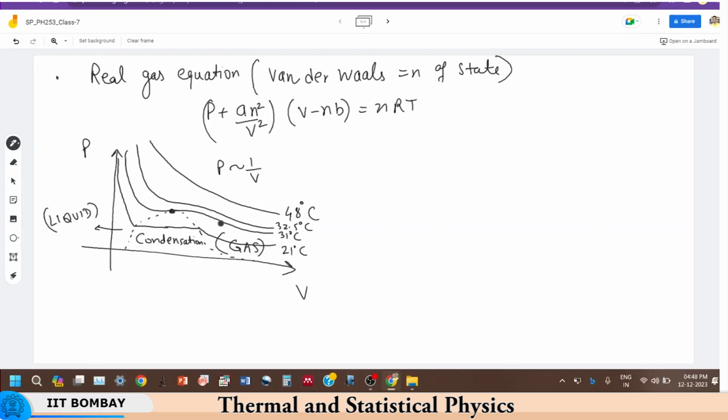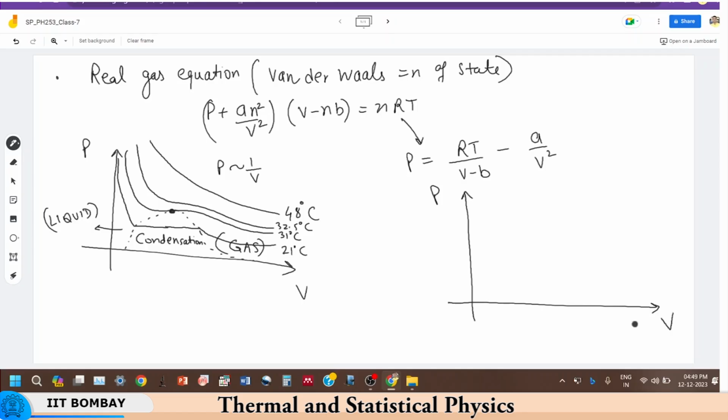And towards the end of the class, when we derived this, we wrote down the form of pressure from this equation for 1 mole of gas, which looked like P equals RT divided by V minus b, minus a divided by V squared, right? And we plotted this relationship of pressure as a function of volume, similar to Andrews' experiment.